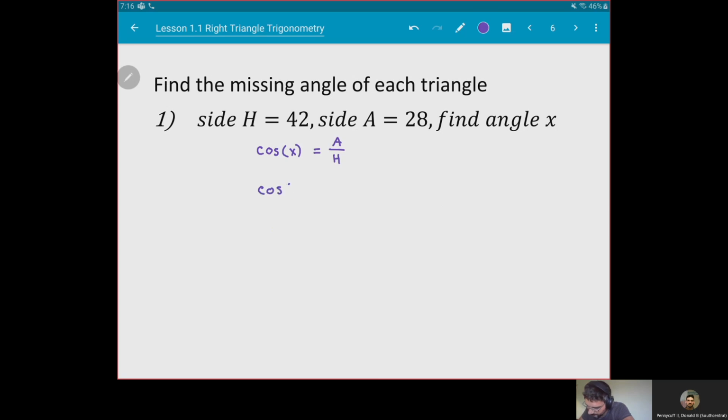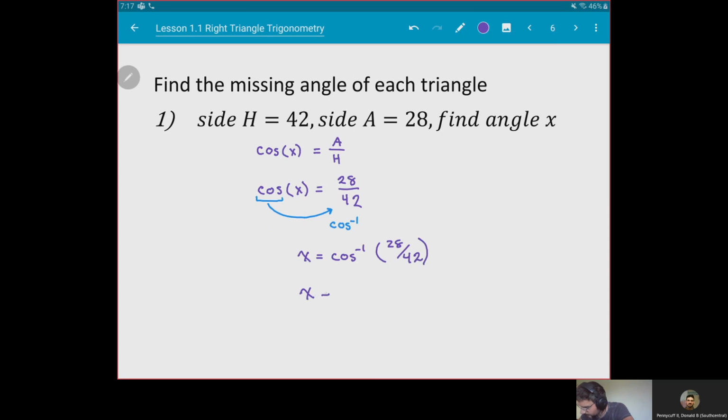But until you get a handle on it, you may have to write out all three and just see which one has the fewest missing parts. And that's going to be 28 over 42. Just like we did before, I'm going to move that trig piece over, and that'll be cosine inverse. And so this gives me x is equal to cosine inverse of 28 over 42.